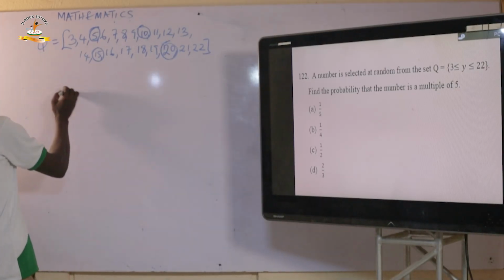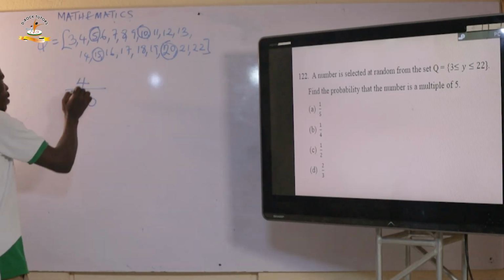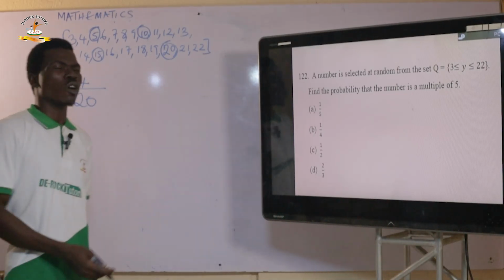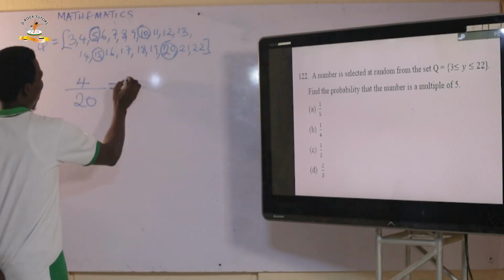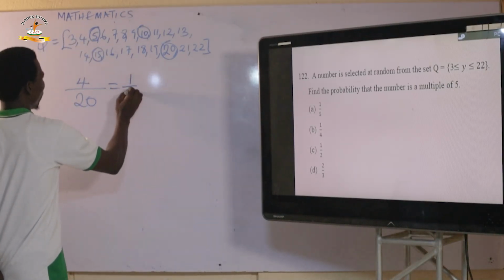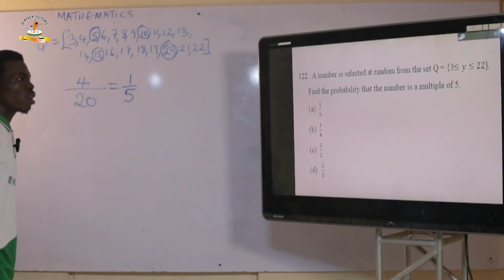So we have 20 in the sample space, and only 4 numbers that are multiples of 5. This is 4 over 20, and your answer will be 1 over 5.